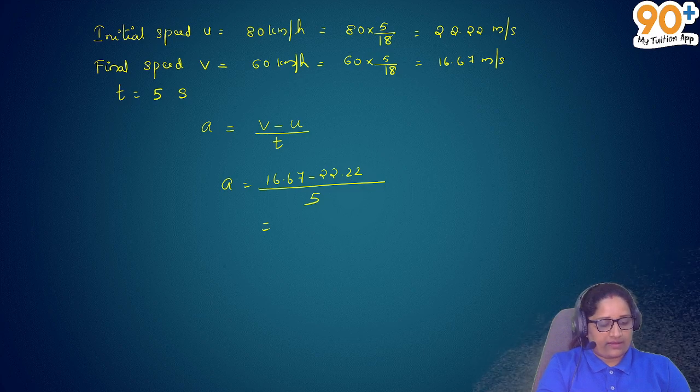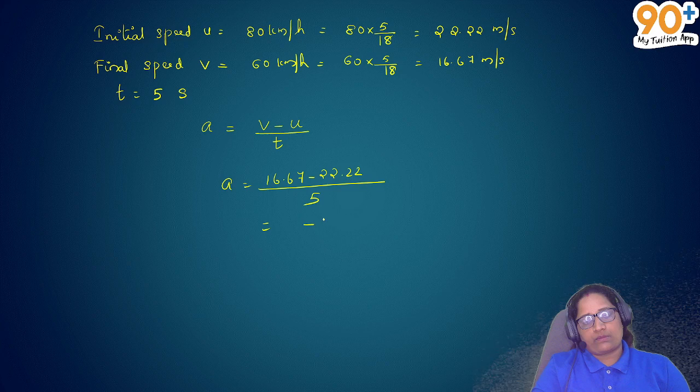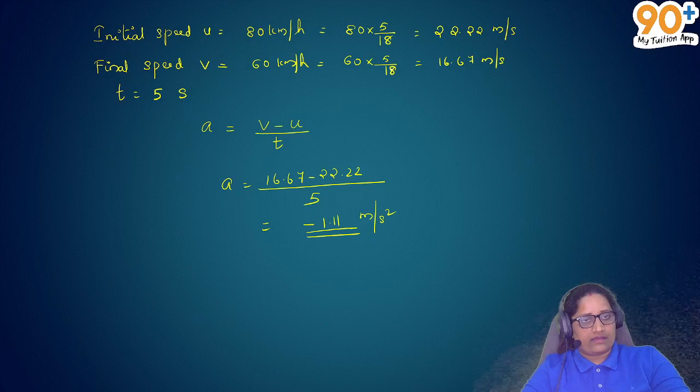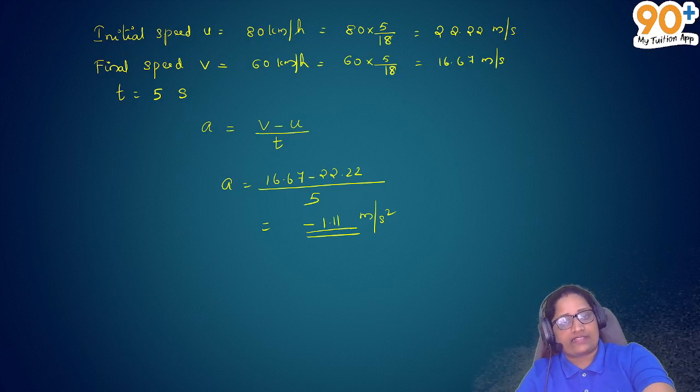See, Sansia, you have put the minus, right? Very good. So minus 1.11 meter per second square, because it is deceleration, because its speed reduced from 80 to 60, so that is a negative value.